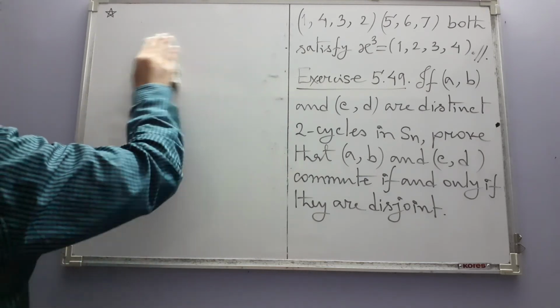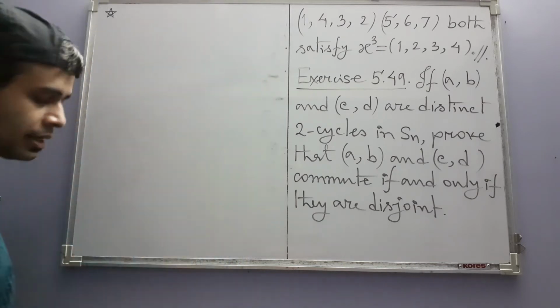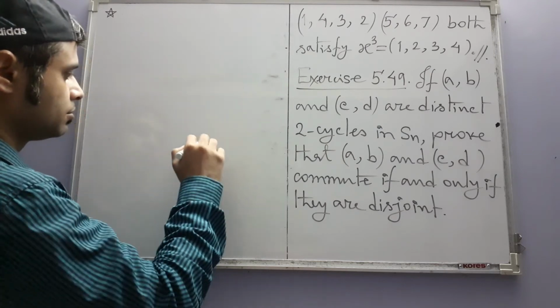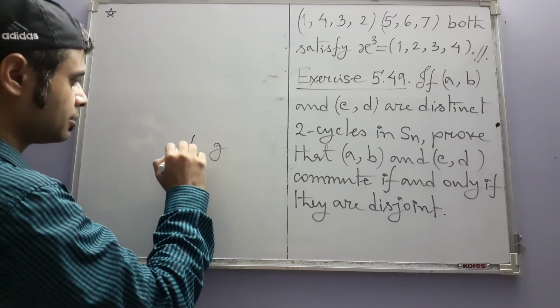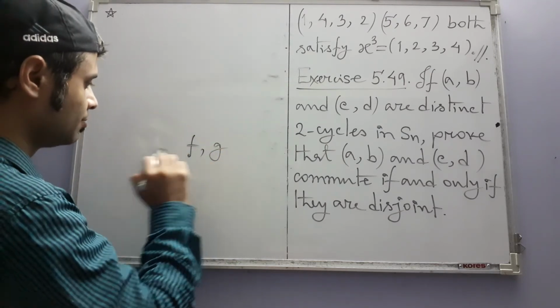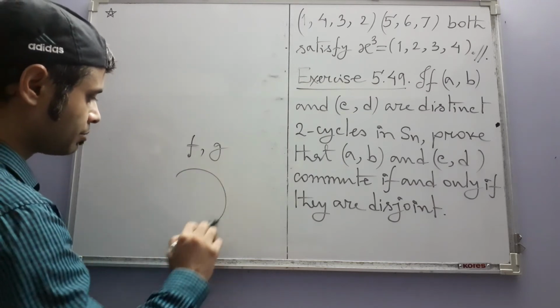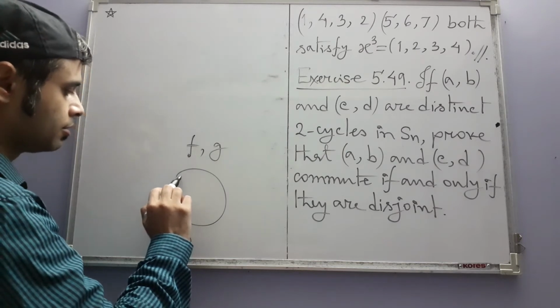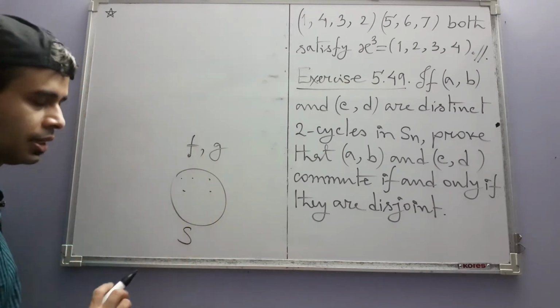That is because, so what I am trying to say here is this: say you have two permutations f and g. After all, these are functions, no? Acting on some set of symbols which we normally denote by 1, 2, 3, 4 up to n.